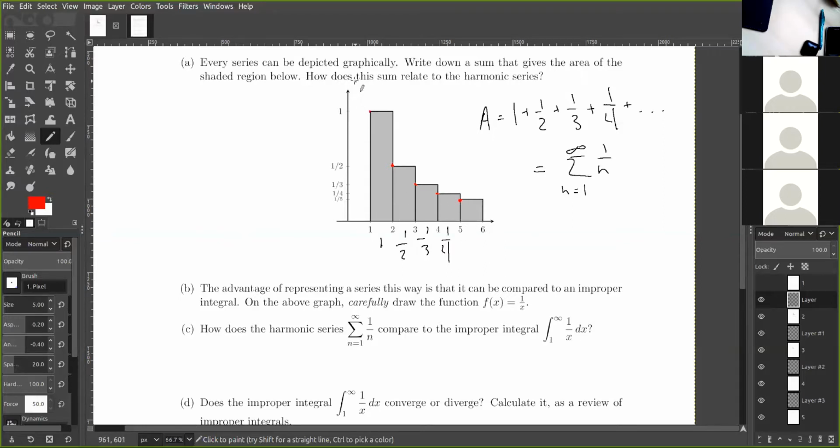And so the graph of 1/x is asymptotic at 0, but at least starting at 1, let me see if I can do this with this stylus here. It's going to be a little tricky drawing this. It's going to come down, and it's going to pass through each of those points. And then, like 1/x does, it's going to taper off.